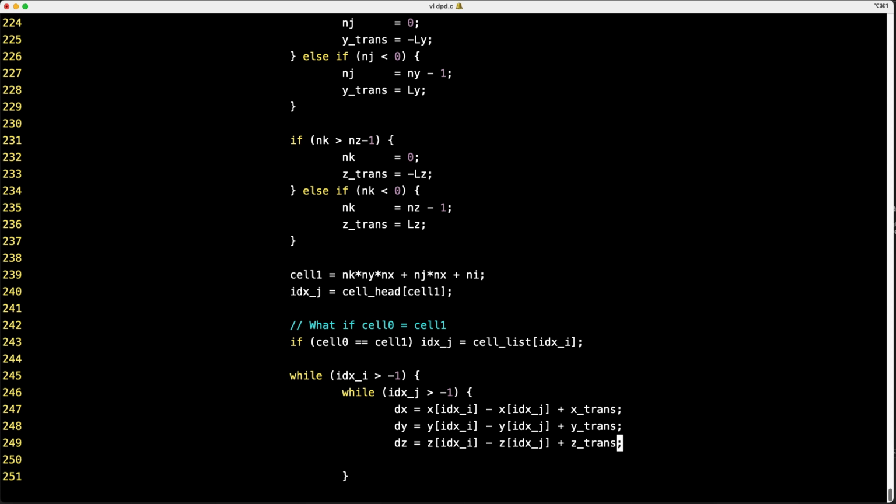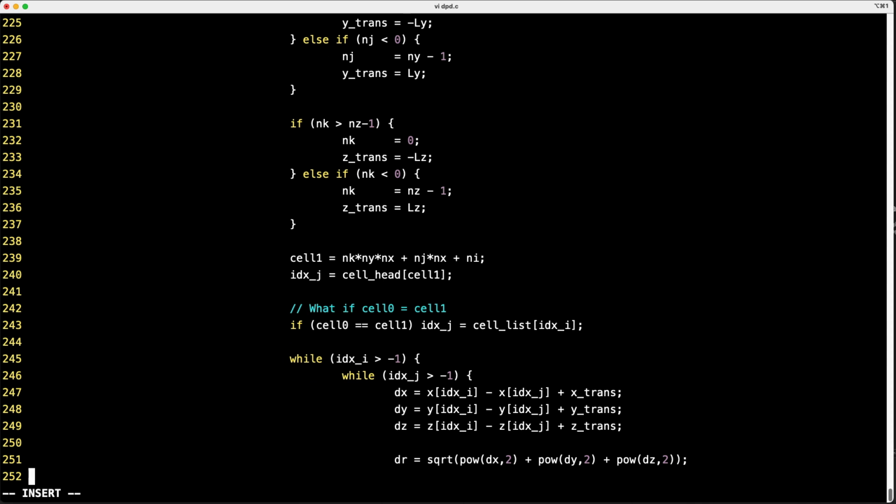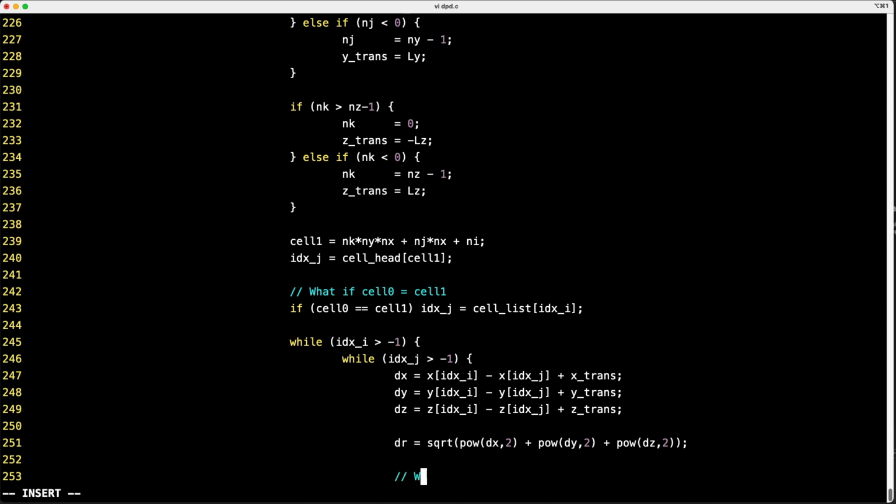But if your particle is on the boundary of the system, then these will take on either plus or minus the dimension of the system in that direction. Okay, and so once we have that, we can calculate dr, square root of dx squared plus dy squared plus dz squared. And now we need to see, will these particles interact?